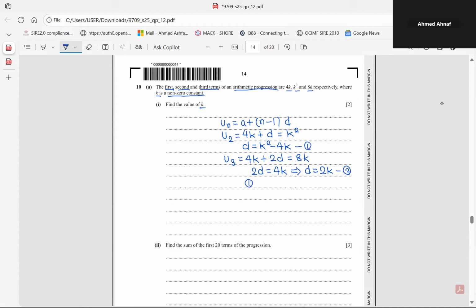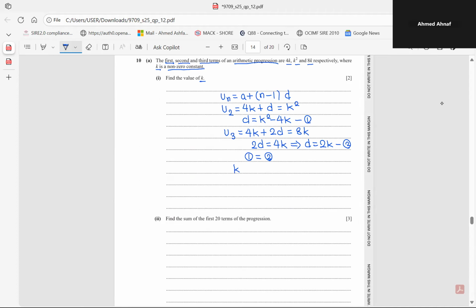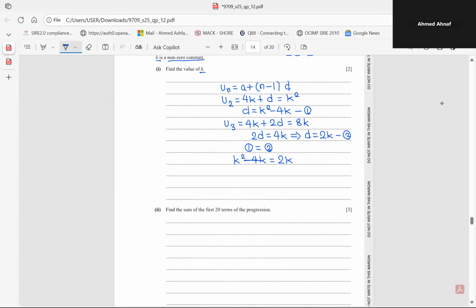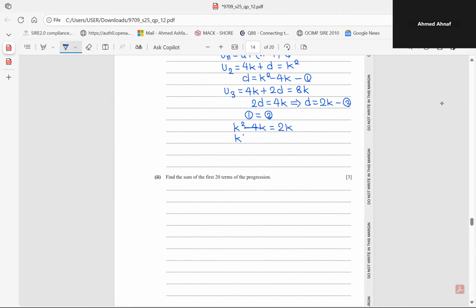And let's equate them to find k. So we got k squared minus 4k equals 2k. And then this would be k squared minus 4k minus 2k, so minus 6k equals 0. And then factor out k.